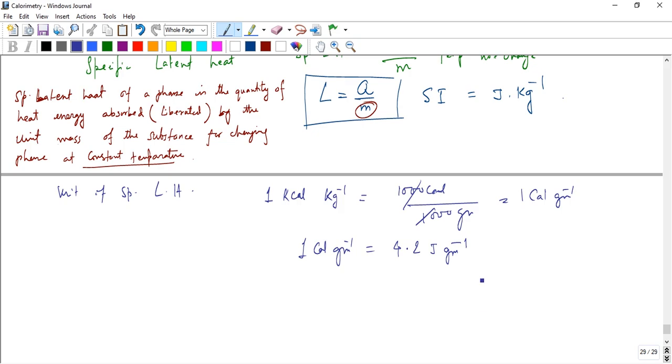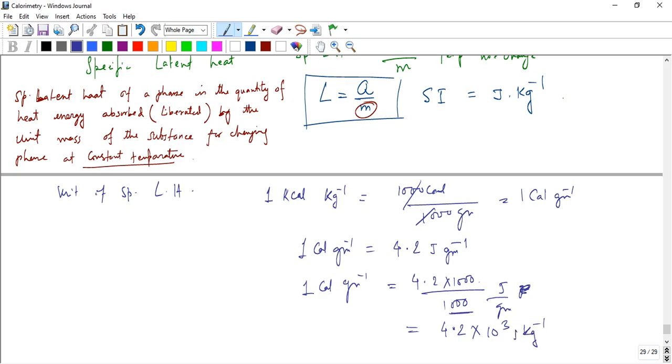If I multiply 1000 top and bottom, joule per gram becomes 4.2 into 10 to the power 3 joule per kg.